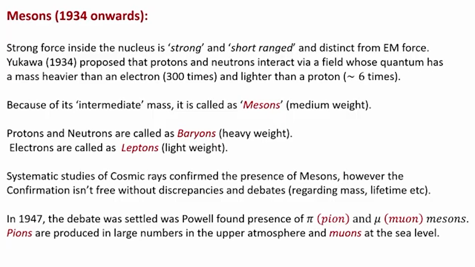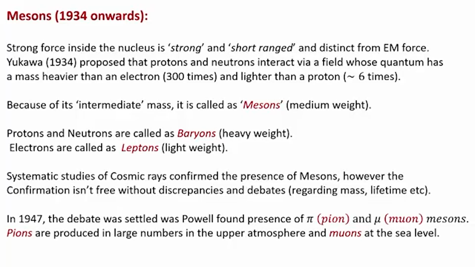This strong interaction field has a quantum whose mass is about 300 times heavier than that of an electron, but lighter than that of a proton by about 6 times. So it's in between the electron and the proton, and because of this intermediate mass, it's called meson. The meson means medium weight.